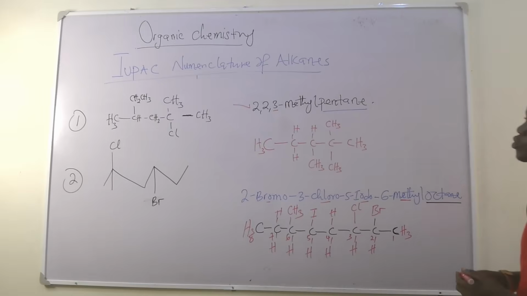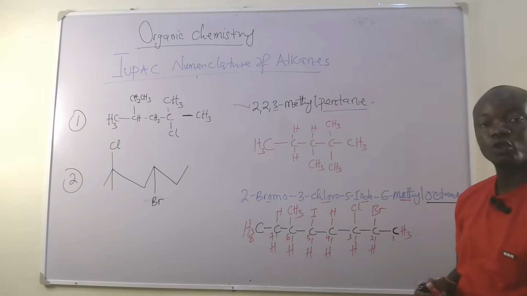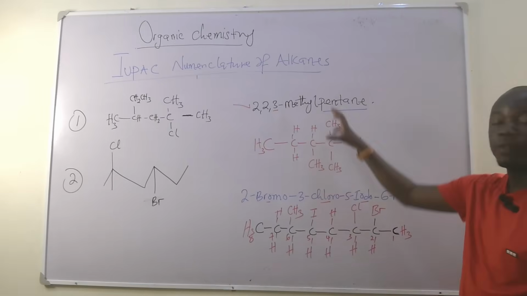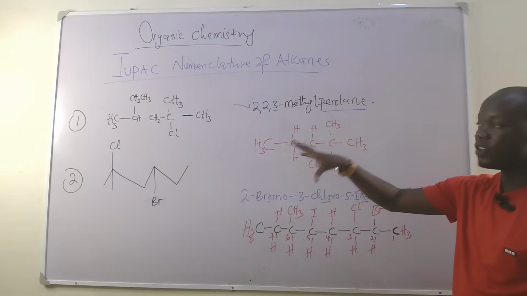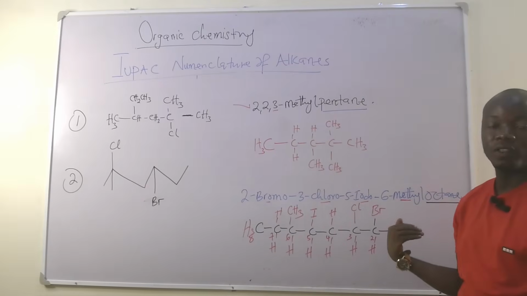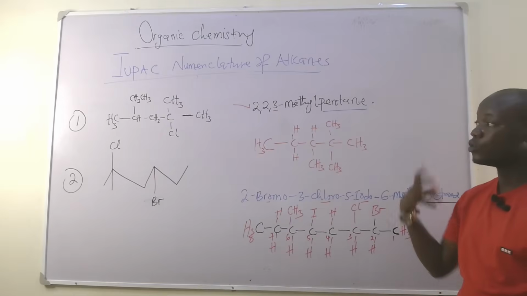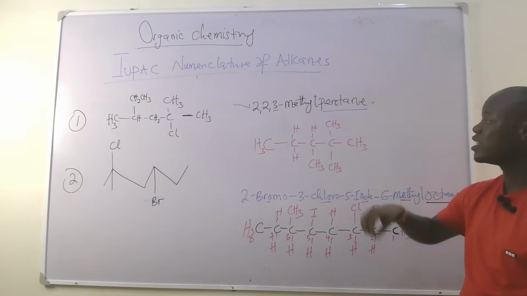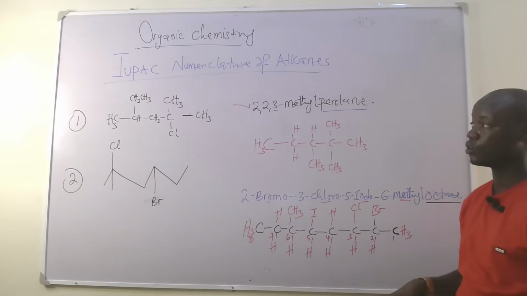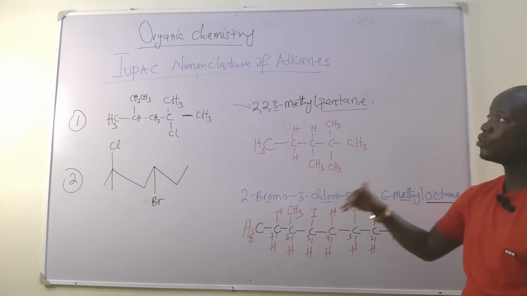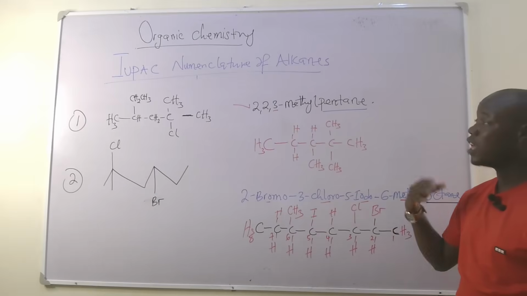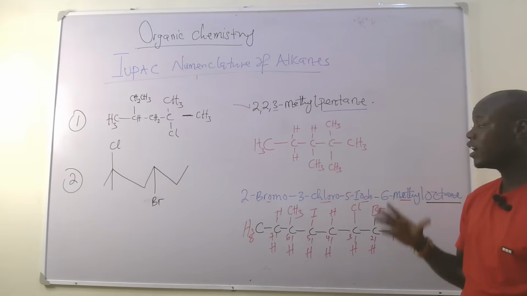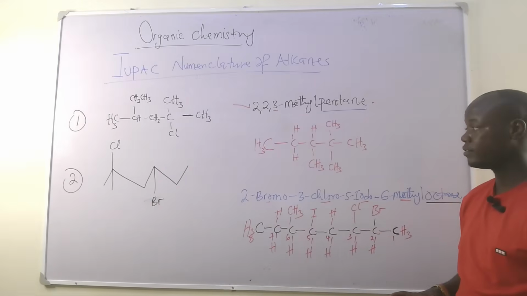So this is how to draw the structure of the compound from the name. You can be given a compound to name, and you may also be given the name of the compound to draw the structure. So this is how the IUPAC nomenclature of alkanes works.